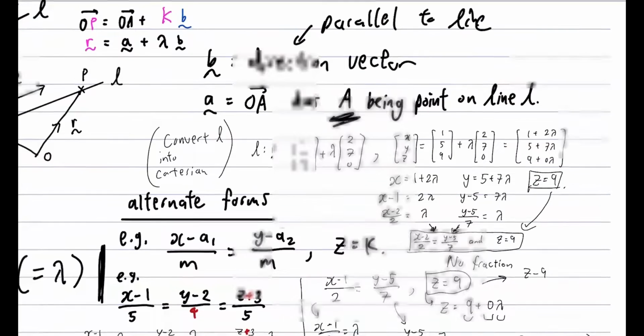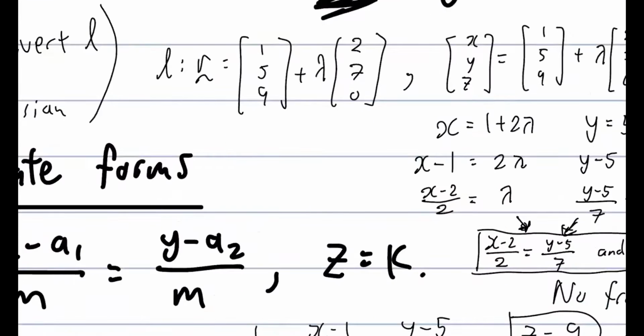So here, the trick is, maybe I should write this down. Vector into Cartesian: write down a short procedure. Substitute r equals xyz. Then get 3 equations.